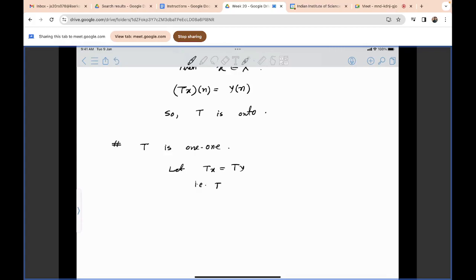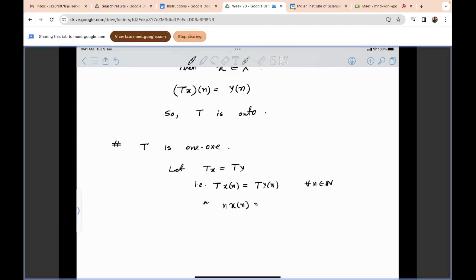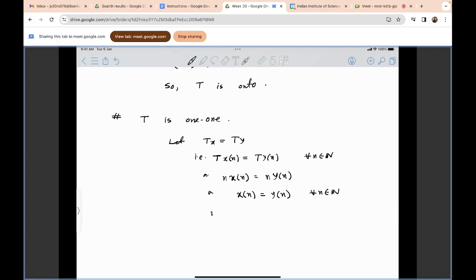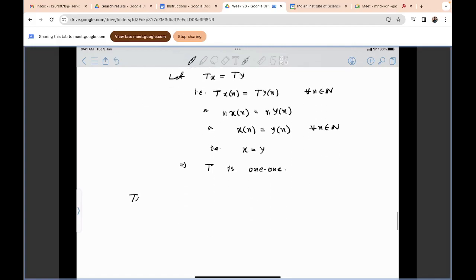So T of xn equals T of yn for all n in the natural numbers, meaning n xn is n yn, or we can cancel n, so xn equals yn for all n in the natural numbers, which implies x equals y. So T is one-one. So therefore T inverse exists.